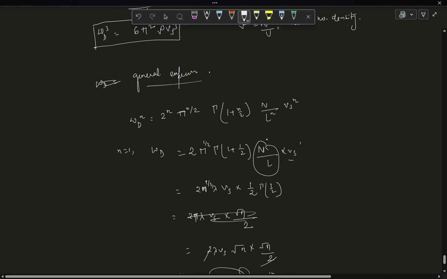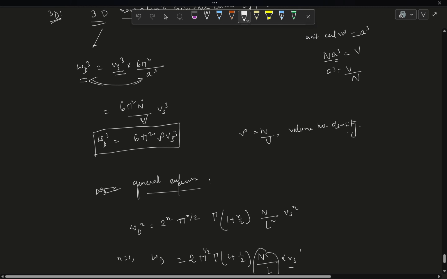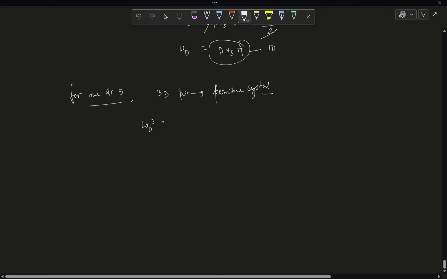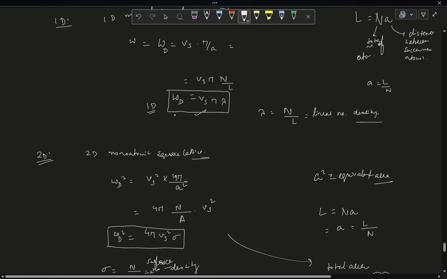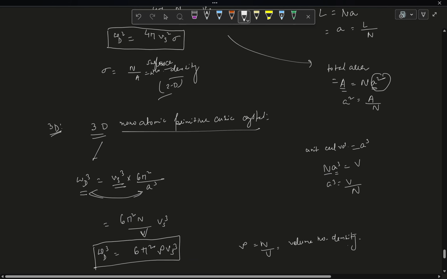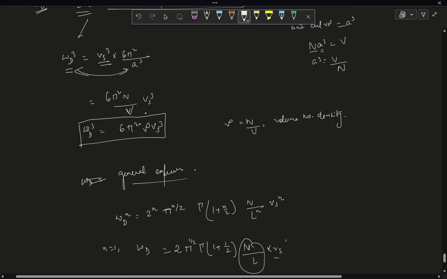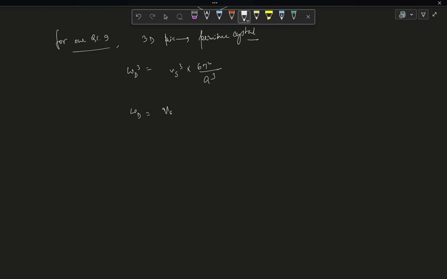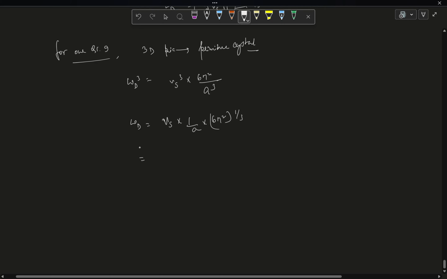So basically we have to use 3D. So 3D is omega d cube equal to Vs cube 6 pi squared by a cube. So omega d cube equal to 6 pi squared Vs cube by a cube. So omega d is Vs into 1 by a, then 6 pi squared to the power 1/3.